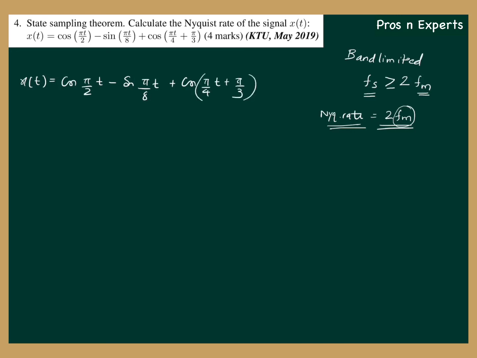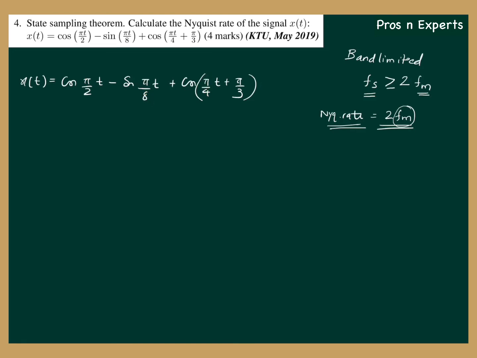Never get scared of this phase shift; it is not going to affect our answer because we are interested in the frequency components in the signal. Actually, it is a sum of three sinusoids, so there are three frequencies in the signal.